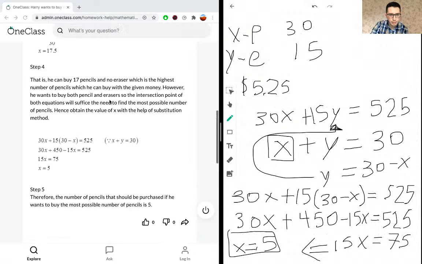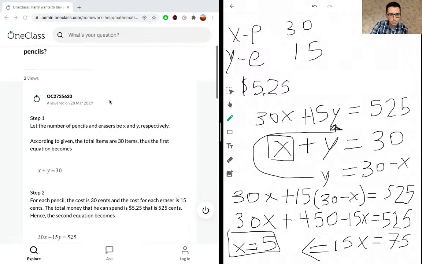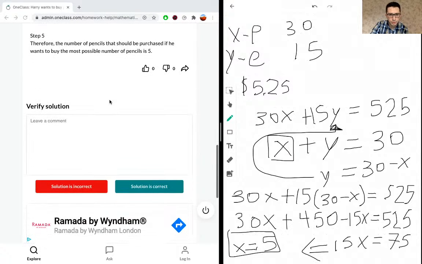So they did some additional steps that are unnecessary, but they got the right answer at the end.